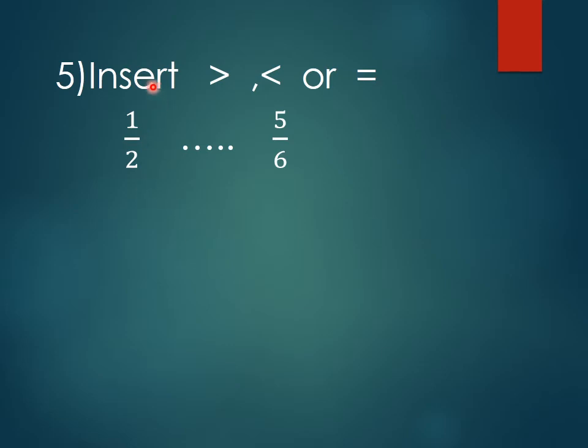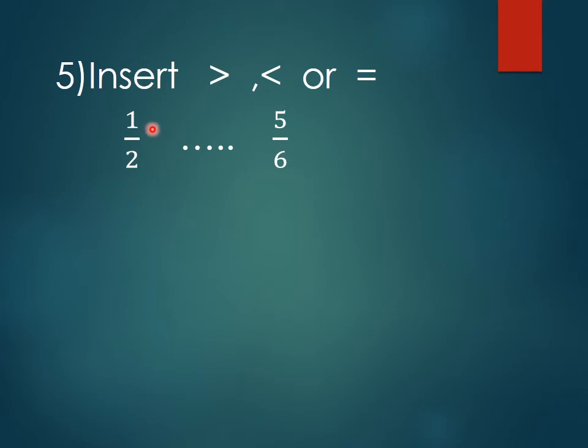Right, the fifth one is a different one. Numerators are different, denominators are also different. Therefore, to find the answer, you have to write this with a common denominator. For the common denominator you can form 6 here. To get 6, multiply this by 3.